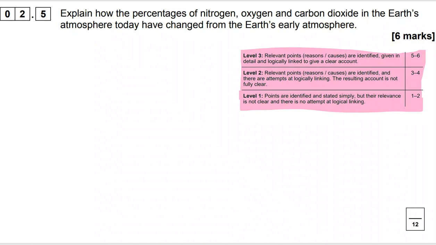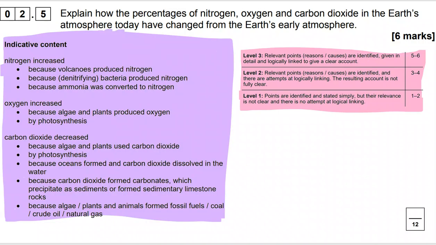And the indicative content that we have on this question, nitrogen has increased. That's because of volcanoes. You could also talk about bacteria producing nitrogen and ammonia converting to nitrogen. Oxygen is one that you are probably most familiar with. Plants starting to photosynthesize, producing oxygen to go into the atmosphere.